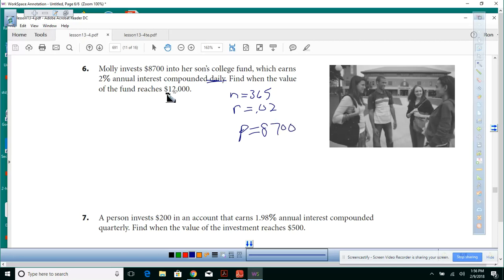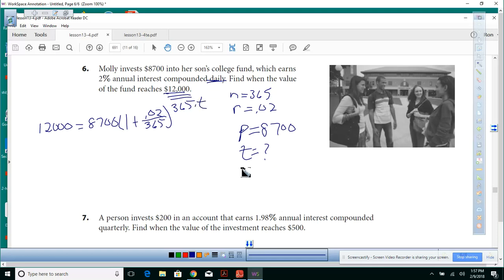Find when the value is $12,000. We don't know what T is, so we have to find T. So 12,000 equals 8,700 times 1 plus 0.02 over 365, to the 365 times T.